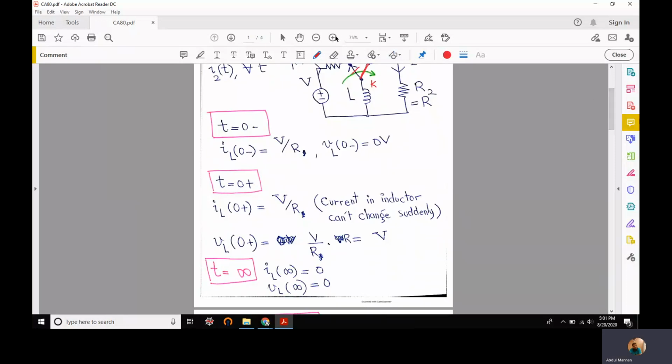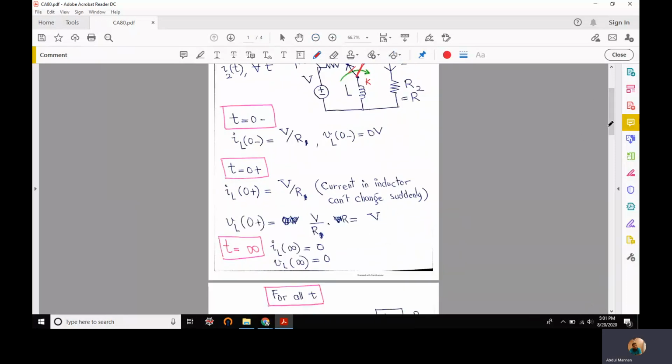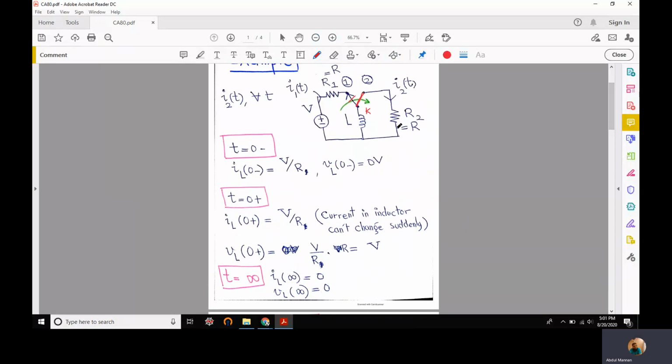And at time t equal to infinity, what would have happened? As we have studied, a charged capacitor works like a voltage source, but for a short period of time. Similarly, a charged inductor or an energized inductor works like a current source, but for a limited time.